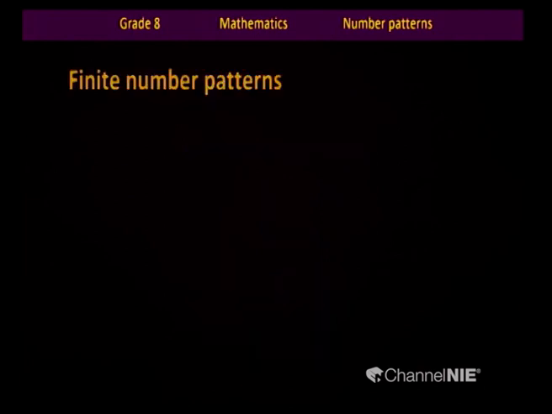Now, we have discussed two types of number patterns. The first one was the number pattern where we knew the exact number of terms. That was the odd number pattern starting from 3 to 11. There we had 3, 5, 7, 9 and 11, which means we had only 5 terms.